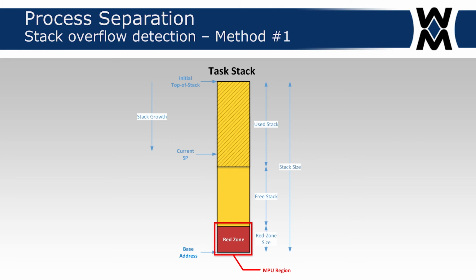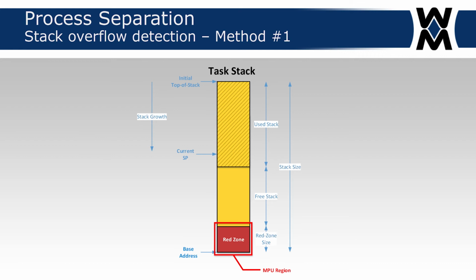And you decide to dedicate an area at the bottom of the stack, so everything is allowed except whenever the stack pointer goes down and attempts a write or a read in this memory location, then we will detect that as a stack overflow. The other thing I want to mention is that typically it's about 32 bytes worth of red zone. Otherwise, you lose a lot of memory.